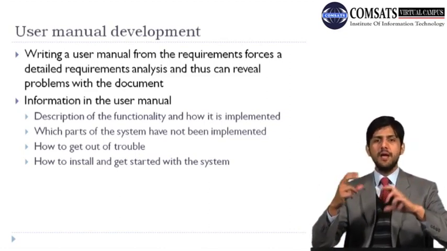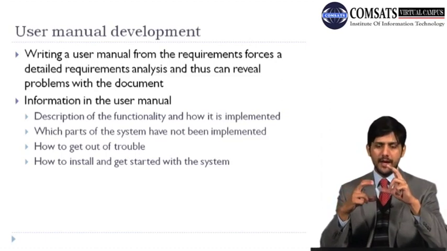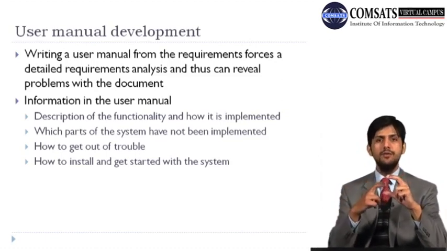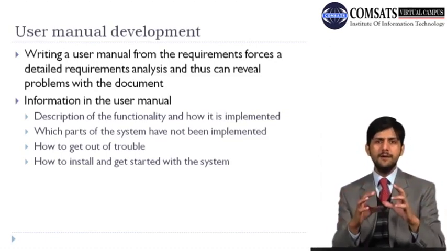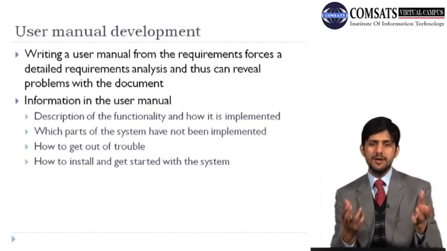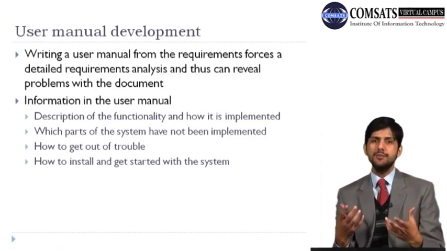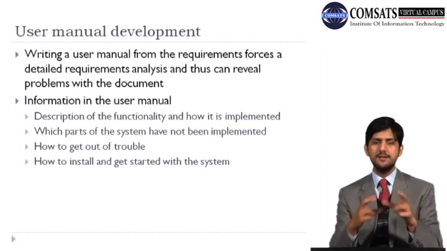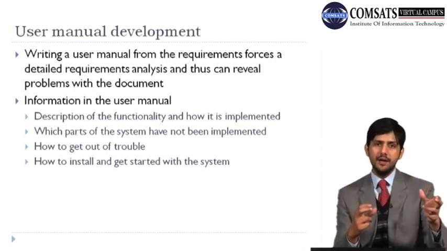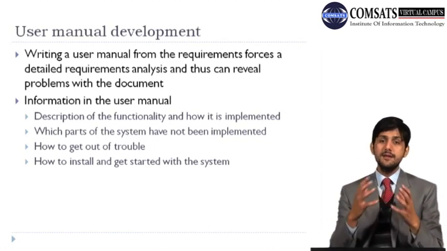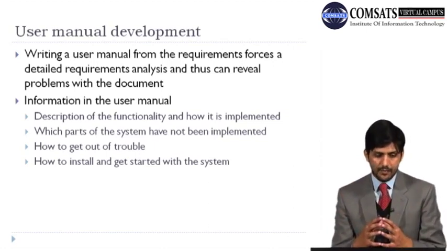And when you are preparing the user manual, if there is a conflict between the two, or if there is redundant information, you would be able to identify that there is a problem in this document, because it mentions that this registration process is done in two different ways, or this is just redundant information because you have already said it. So again, this is another technique which can be used for validation.